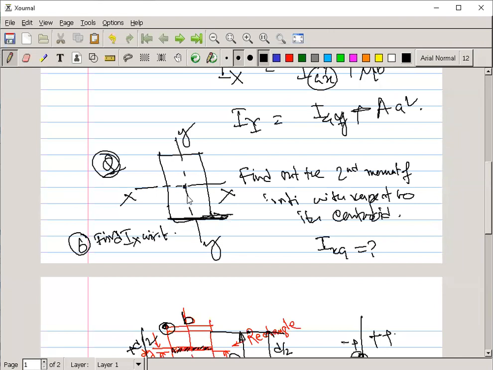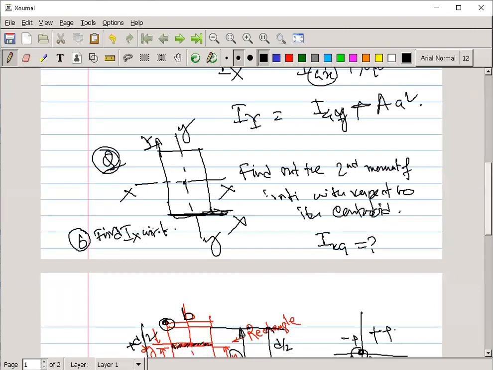With respect to this axis, if the question says you have to find it, suppose the question asks for the moment of inertia with respect to any axis which is not the centroidal axis, and it is also identified that we have to find the second moment of inertia with respect to the x-axis, this one.